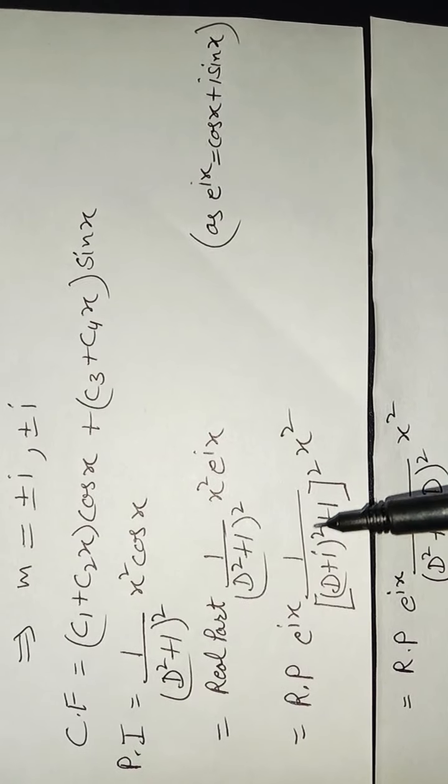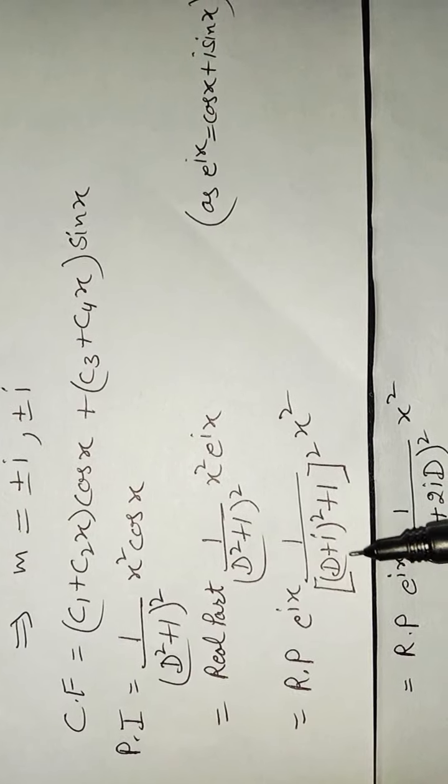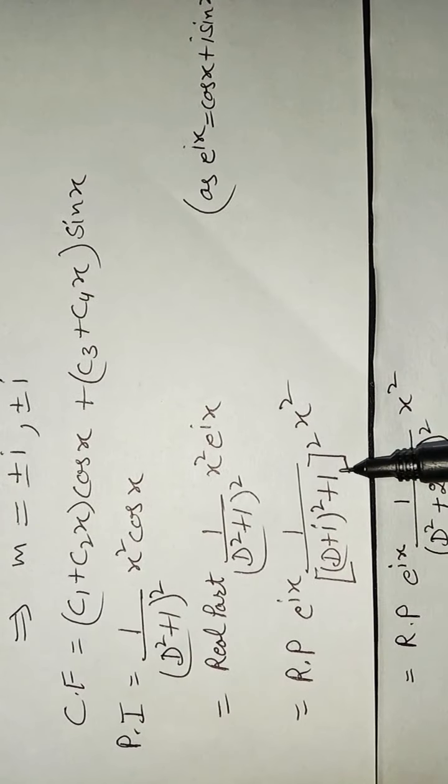So it is (D + ι)² + 1 operating on x². So we use the formula and simplify this.